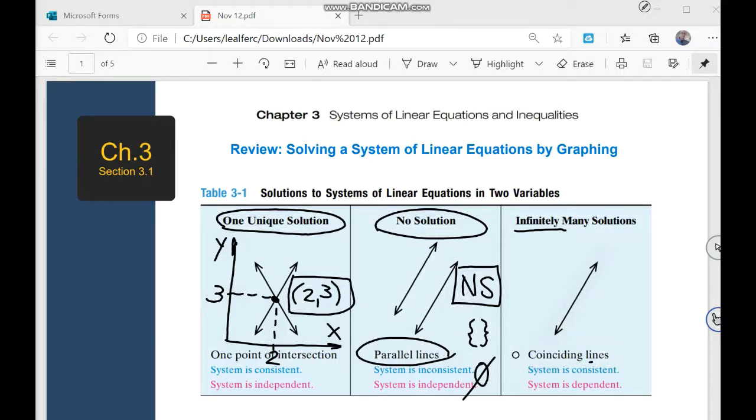And that means the intersection of one line with the other line is going to be all the points. All points are intersecting. To answer, you're going to write this, IS. This is our code for infinite solutions.